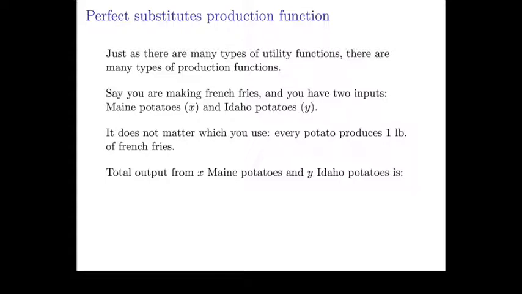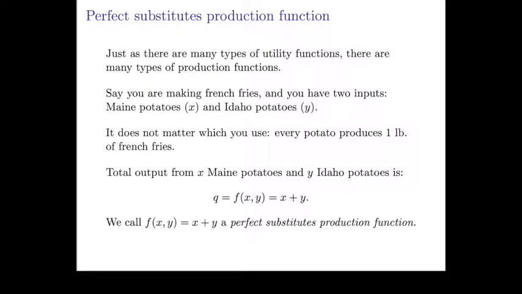So the total output, if you use X pounds of Maine potatoes and Y pounds of Idaho potatoes, is going to be X plus Y. The total amount of potatoes you use is what matters. We call this the perfect substitutes production function. This should be very familiar to you because it looks a lot like the perfect substitutes utility function.